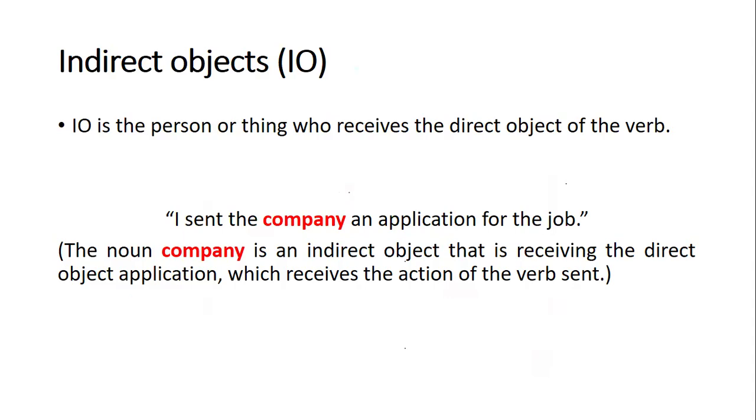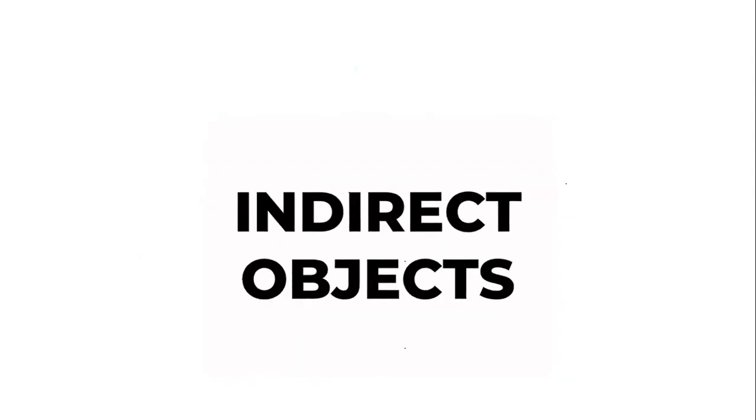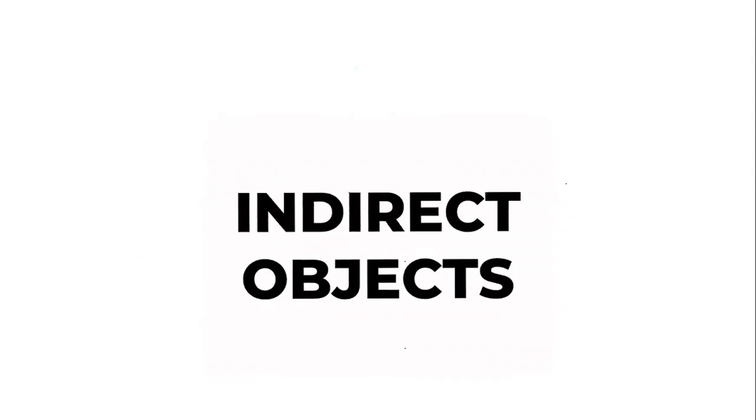So if you have understood direct objects, the second in our series was indirect objects, right? There were three grammatical rules: direct objects, indirect objects, and objects of preposition, which are also called prepositional phrases.